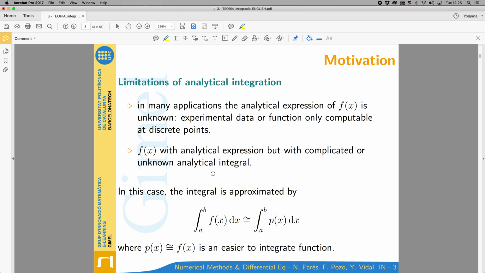So what we will do in this topic, this is the main idea, we will try to approximate this integral in such a way that we will use what we learned in the previous topic, curve fitting. The idea is to fit this function f of x with a polynomial and then compute the integral of a polynomial, which is straightforward.